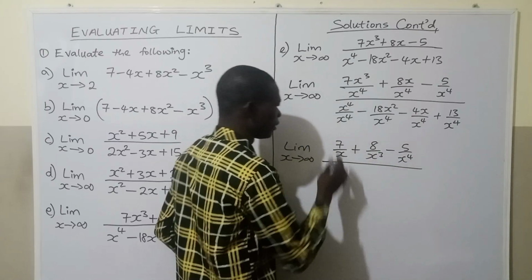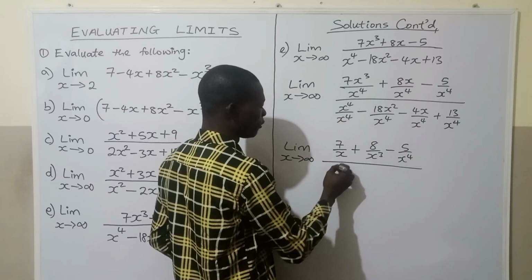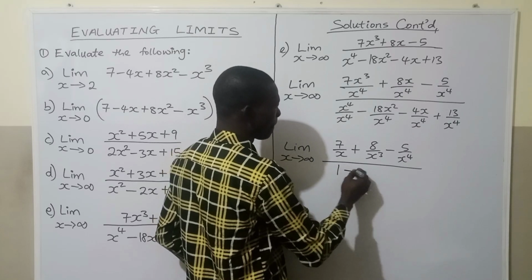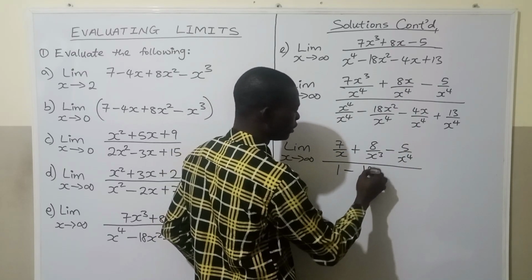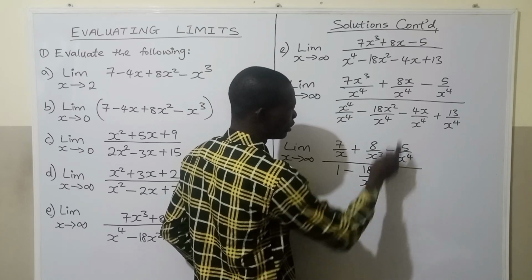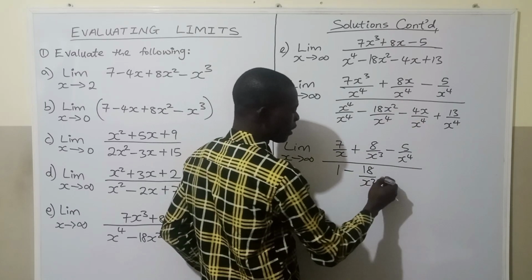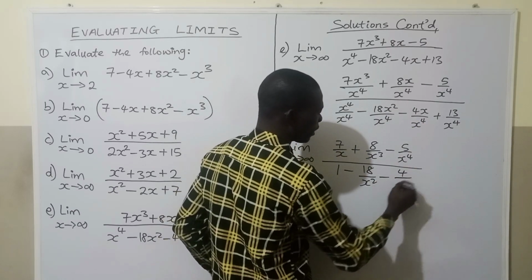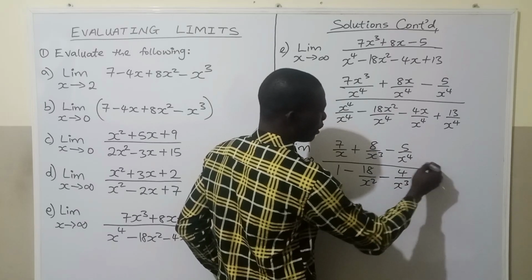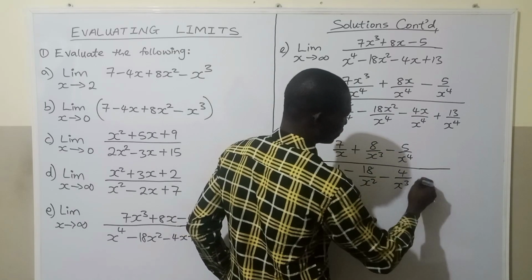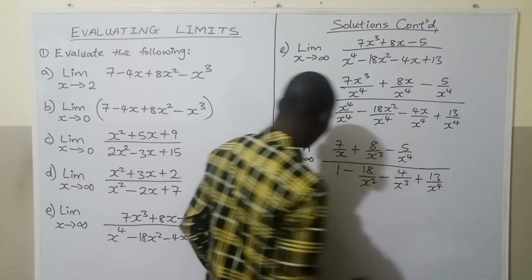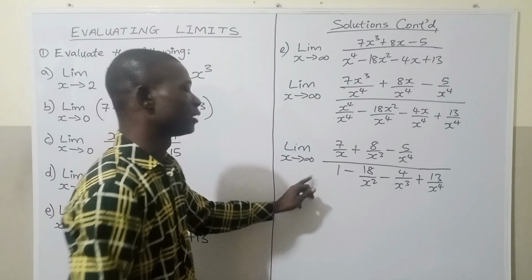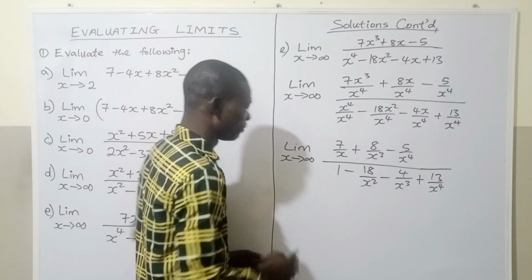So all together over x raised to power 4 divided by x raised to power 4, of course that is also equal to 1, minus 18x squared divided by x raised to power 4, that's going to be 18 over x squared. These would have cancelled 2 of this, and then minus 4 over x to the third power, and then extending that plus 13 over x raised to power 4. So it is from here now we can substitute our infinity. I haven't done the simplification.